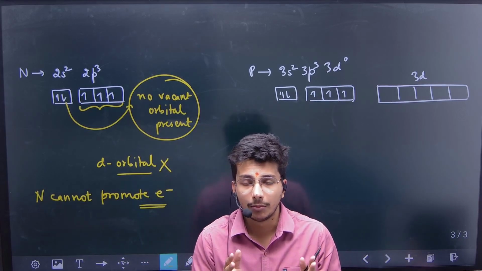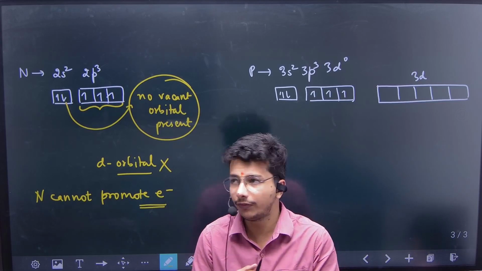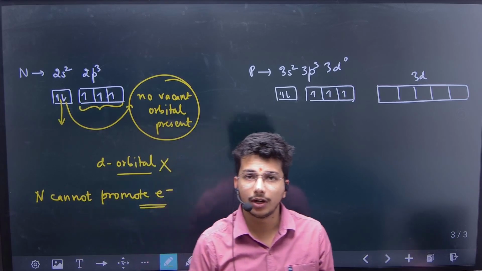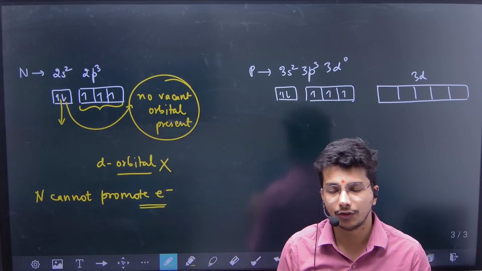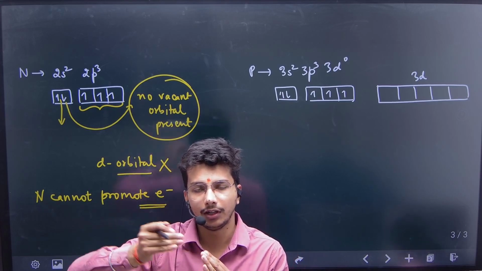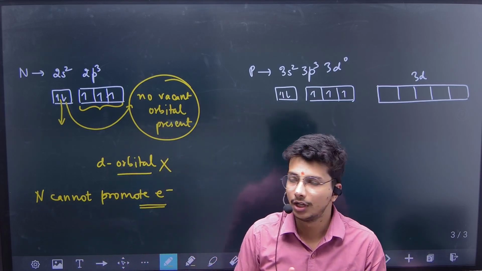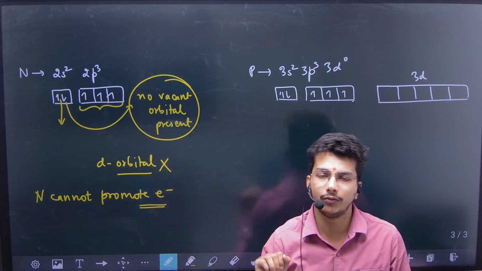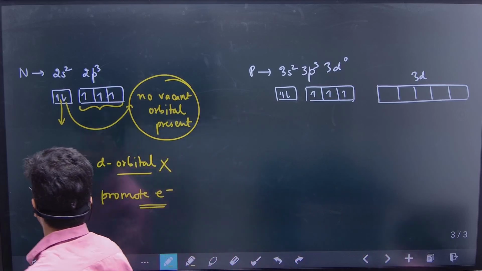Okay, but it can also form 4 bonds if it is going to donate this lone pair. Then it can form a coordinate bond, which we have already studied. What is a coordinate bond? When one atom only donates both the electrons in a covalent bond, then it is called a coordinate bond. So nitrogen can form one coordinate bond here and 3 proper covalent bonds here. So it can form a maximum of 4 bonds.